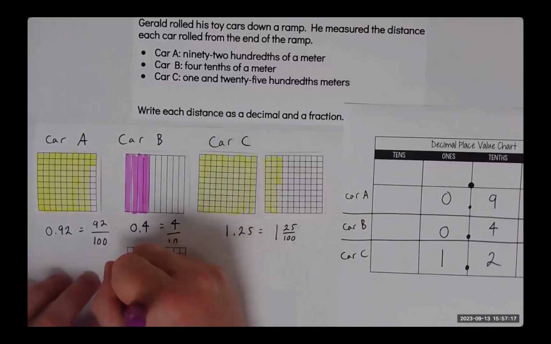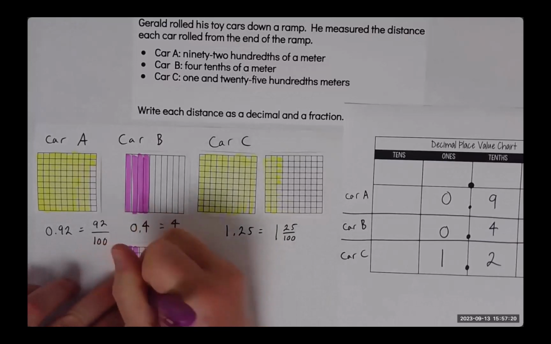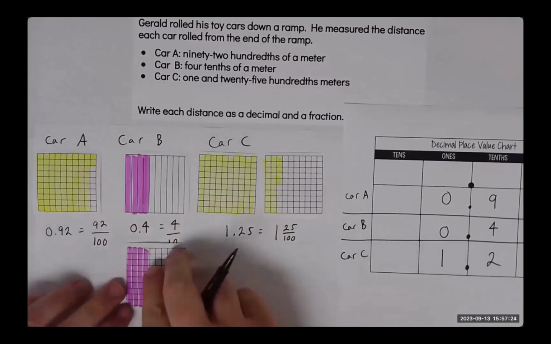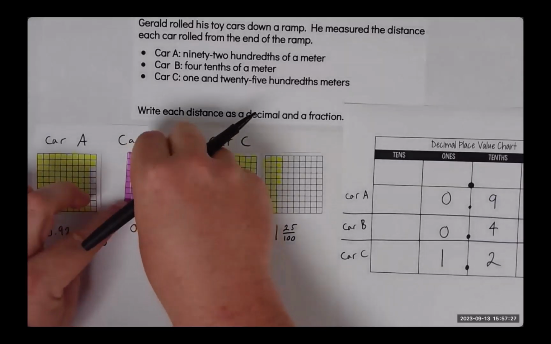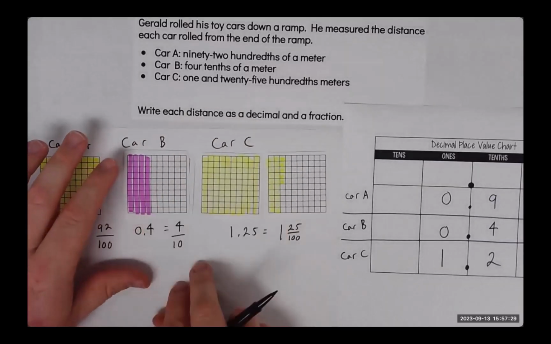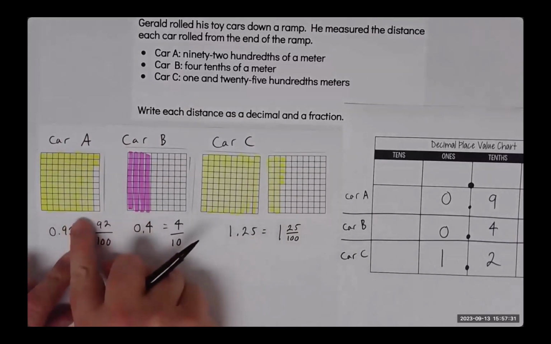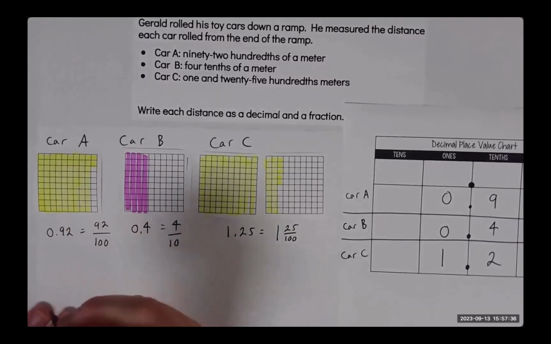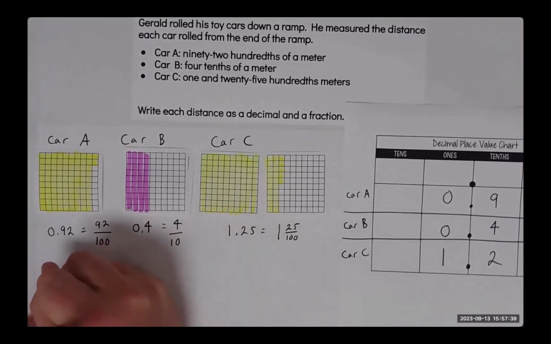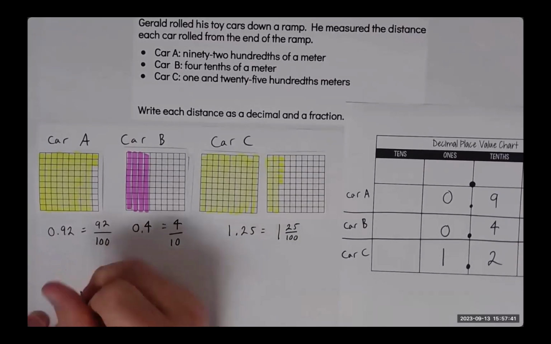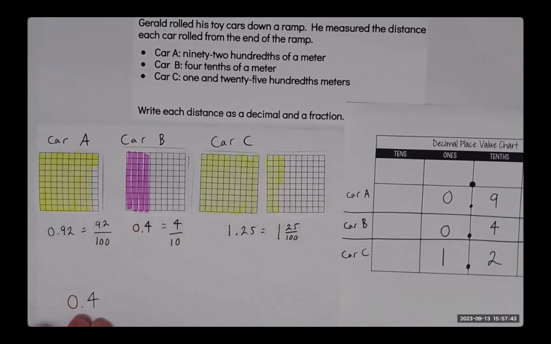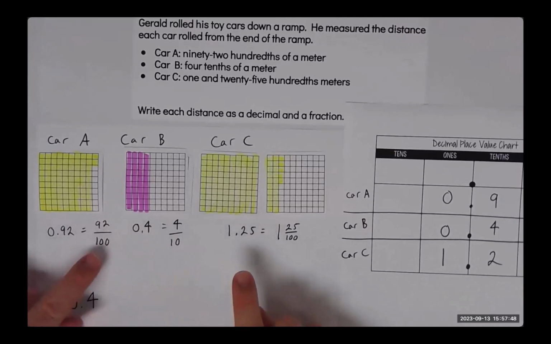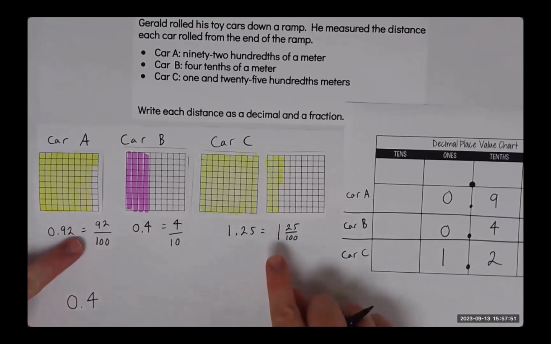Now, 4 tenths can be represented as 40 hundredths, so we can compare fractions with like denominators. I can shade in my decimal grid decomposed into hundredths to better compare. And so when I compare 92 hundredths to 40 hundredths, I can easily see that 40 hundredths is less than 92 hundredths. So in ordering these from least to greatest, our lowest amount would be 4 tenths, or 40 hundredths.